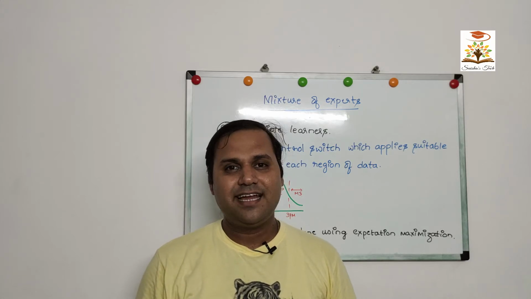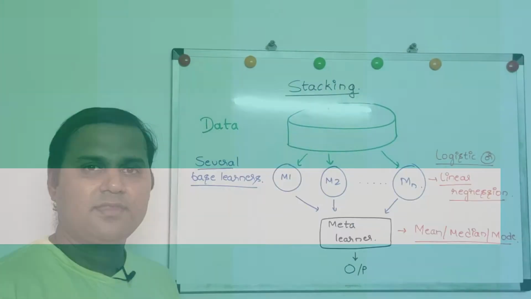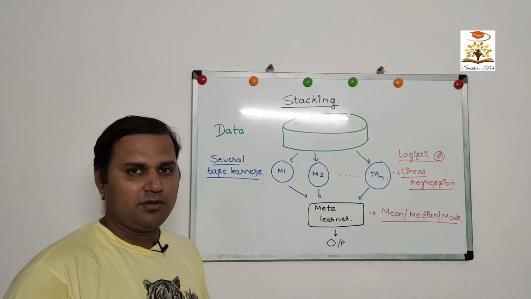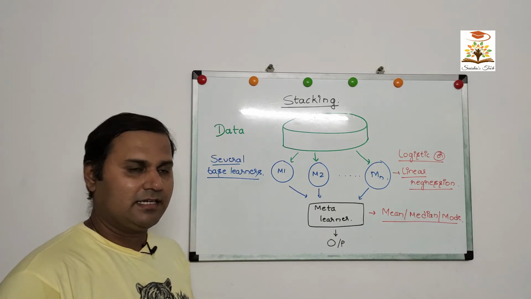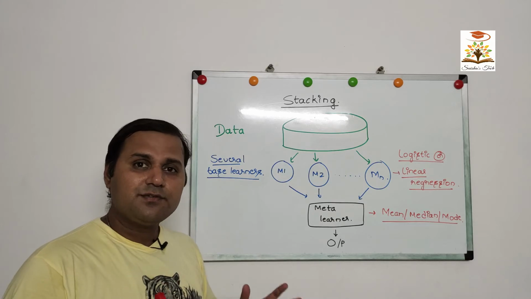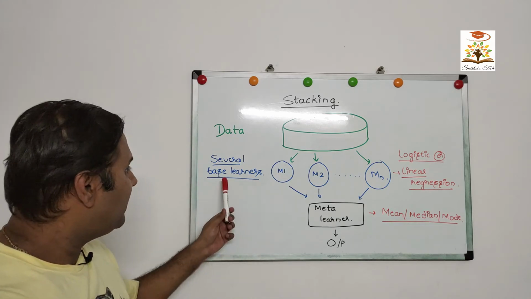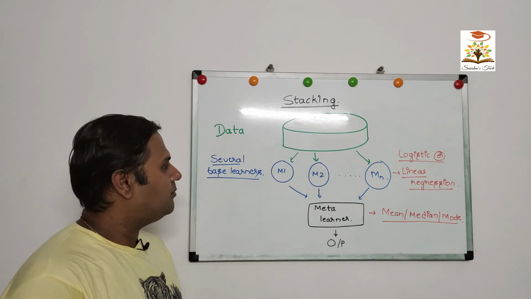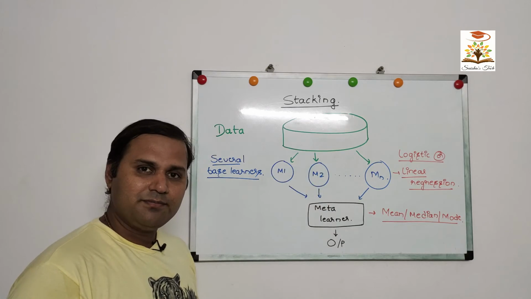Now, let us understand the stacking type of ensemble model. It uses a data set. This data set is a training data set which is fed to several base learners ranging from M1, M2 to Mn.